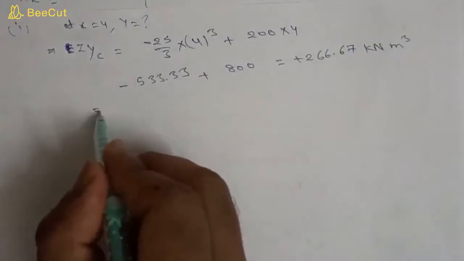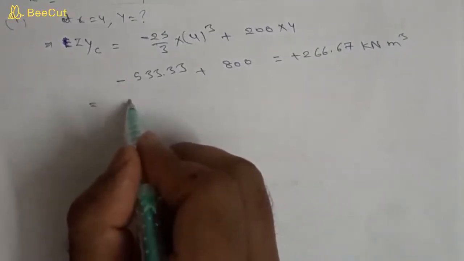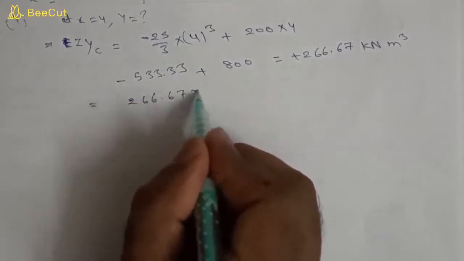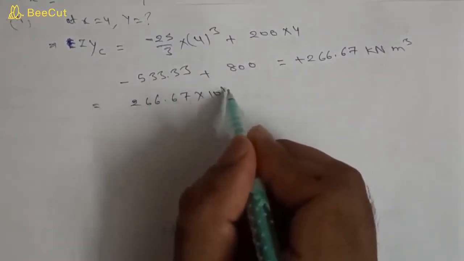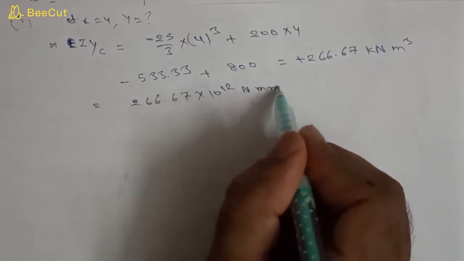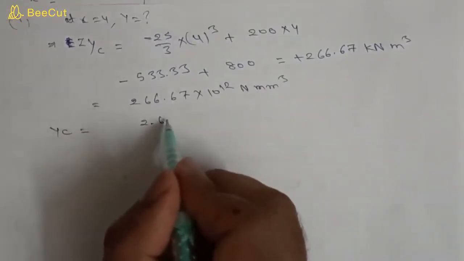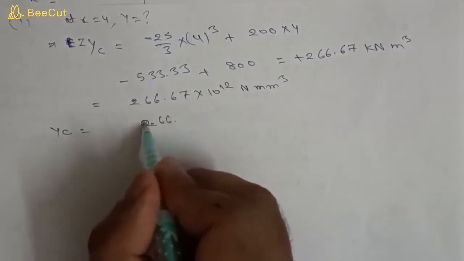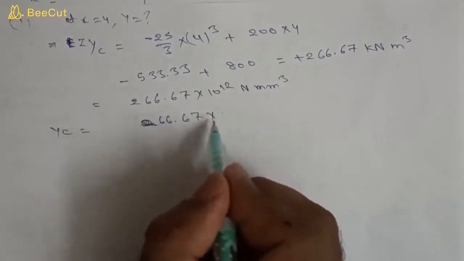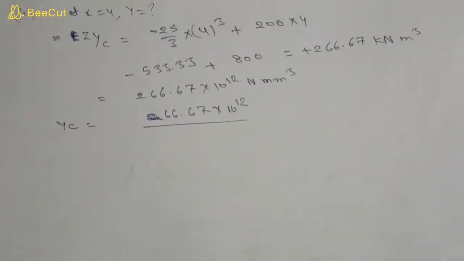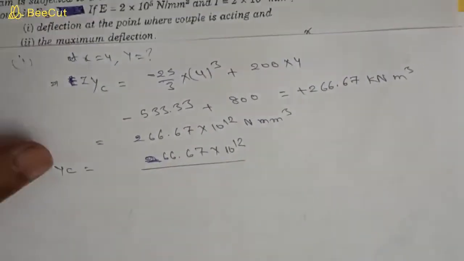So if we convert into Newton mm cube, then it will become 266.67 into 10 to the power 12 Newton mm cube. So yc will become 266.67 into 10 to the power 12 divided by EI. E and I are already given in the question, so we will put these values.